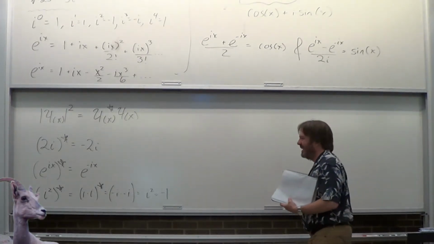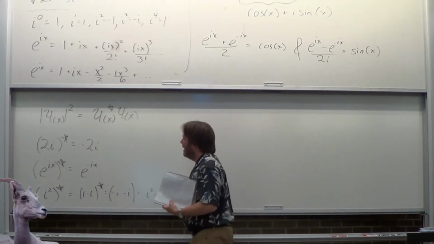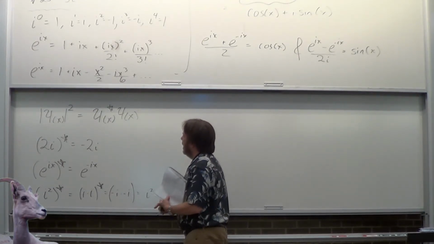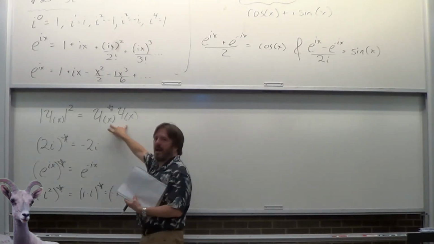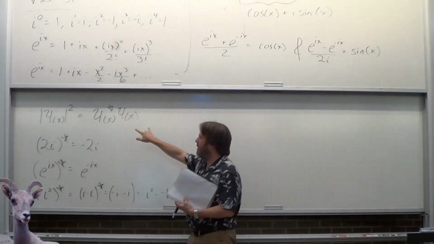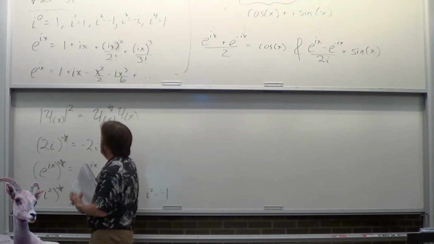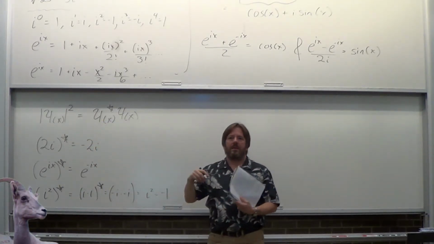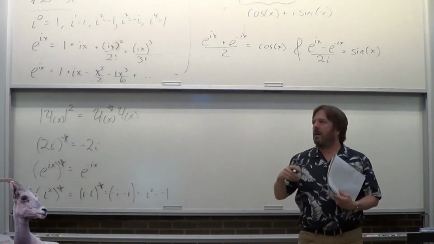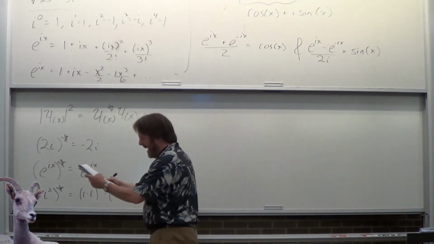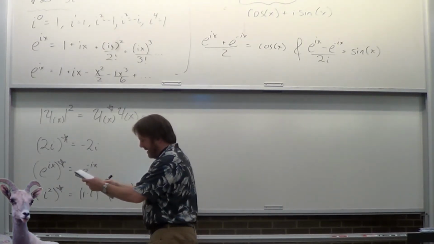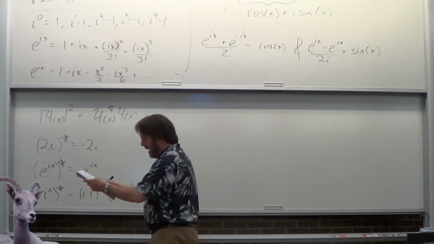The square then should be inside the absolute value bars, right? On the left-hand side, you have the absolute value, and then you square it. Now I'm not sure. If you take the absolute value before you square it, that's defeating the purpose of taking the absolute value.